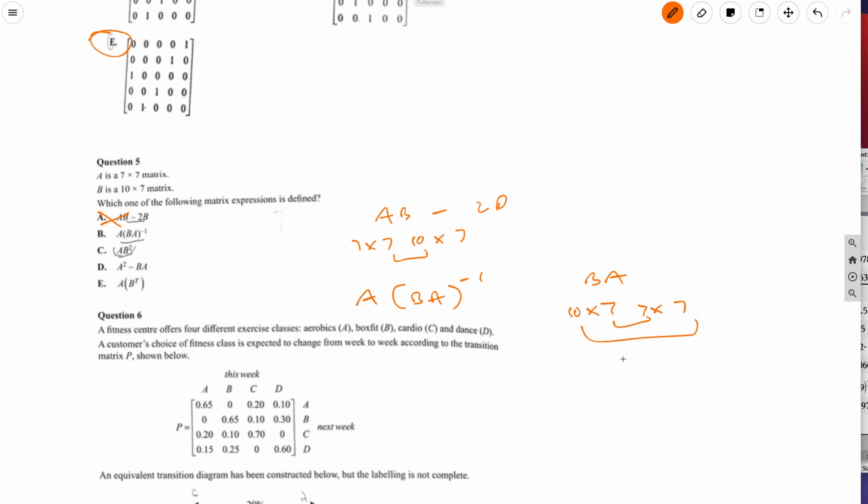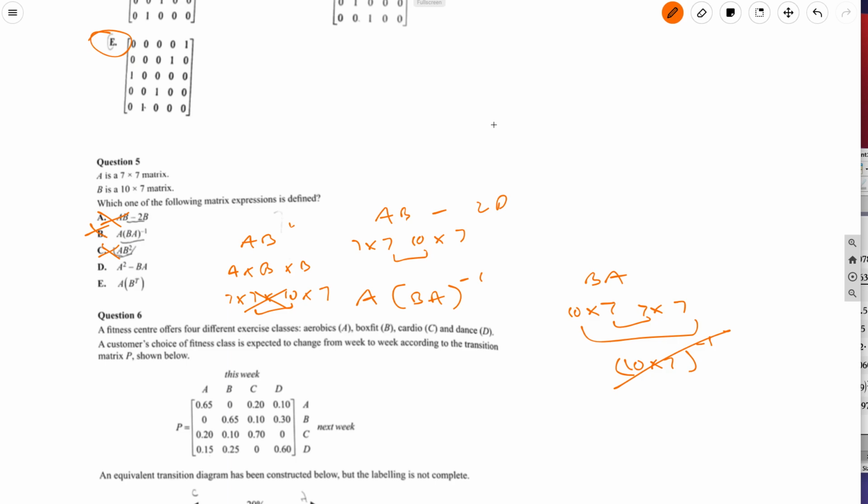Insides are the same, so the outsides give the answer. BA is going to be a 10 by 7. We then do an inversion, and that's not possible because you can only do inverses of square matrices. So B is out. And then AB squared. So that would be A times B times B. So A times B is 7 by 7 times 10 by 7. Already not defined. That one's out.